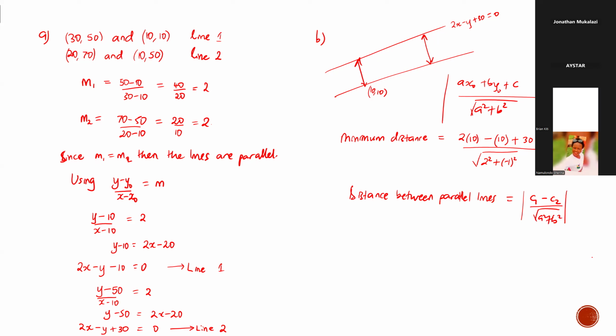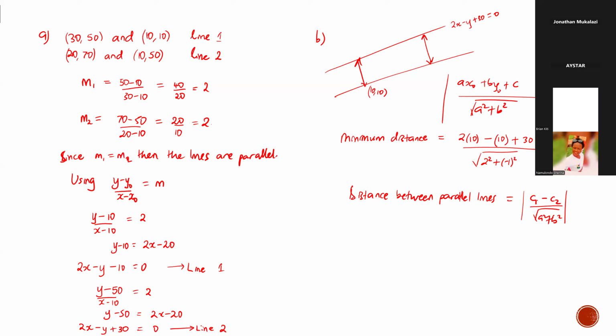This is what we've found to be true. You could show this, but I request that we take it as is because it's a known thing. But you could show that the numerator is always going to be the difference between the C's.